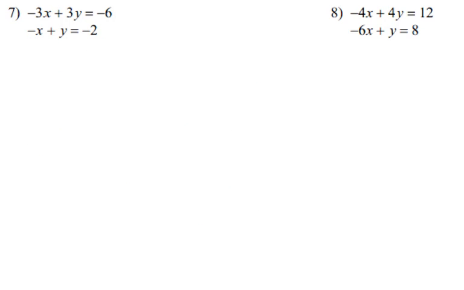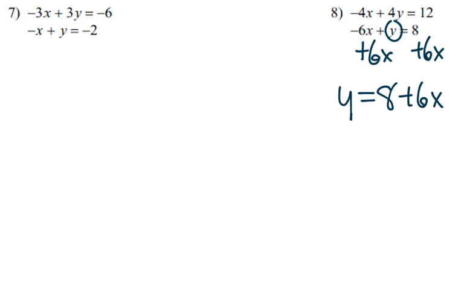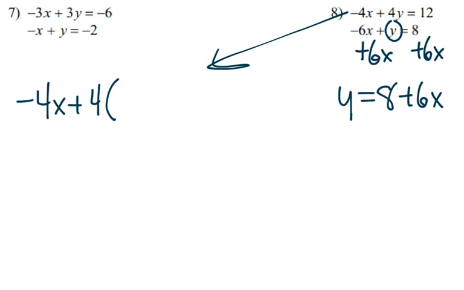Okay, now number 8. We want to solve for that y because it's the easiest one to solve for. So I add 6x to both sides, giving me y equals 8 plus 6x. Then I rewrite my other equation and substitute in 8 plus 6x for y because the other equation told me they're the same.